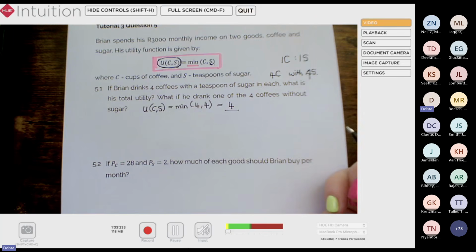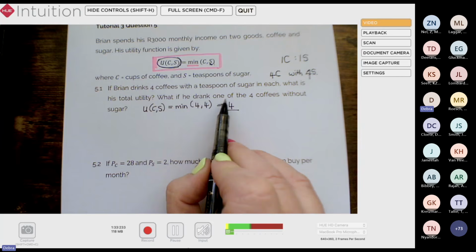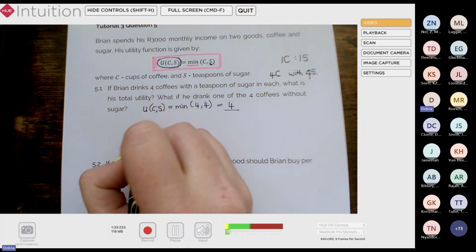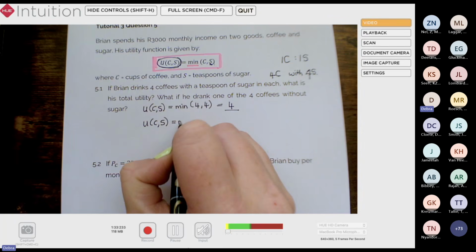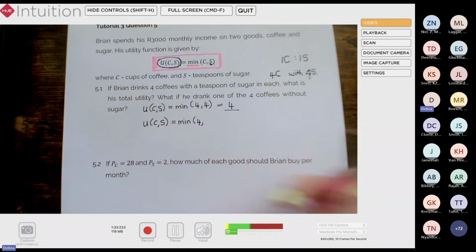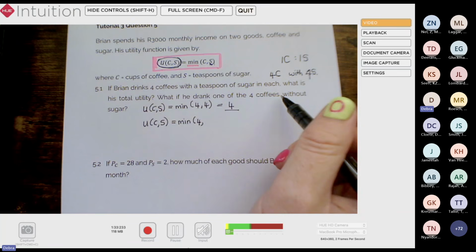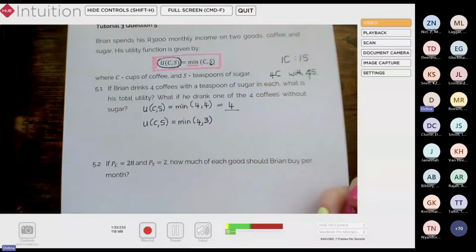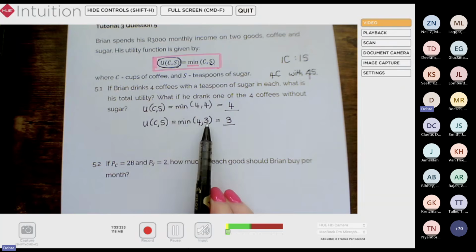What if instead he had drunk one of the 4 coffees without sugar? That tells me his utility now will be him drinking 4 coffees, but one of the 4 coffees doesn't have sugar, so he only has 3 teaspoons of sugar. That would give him a total utility of 3. The minimum of the numbers 3 and 4 is 3.